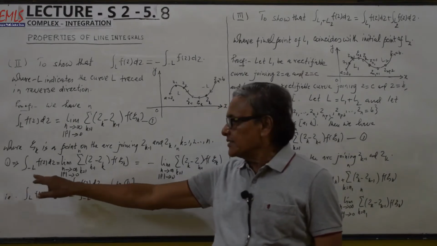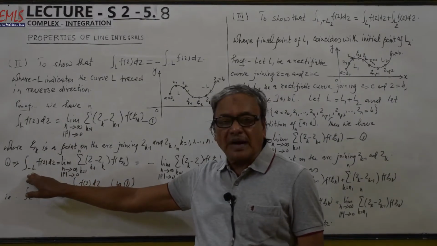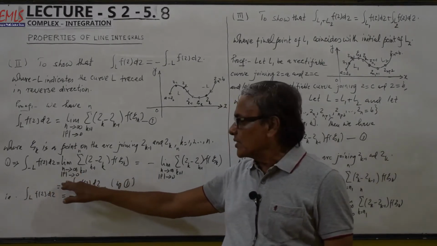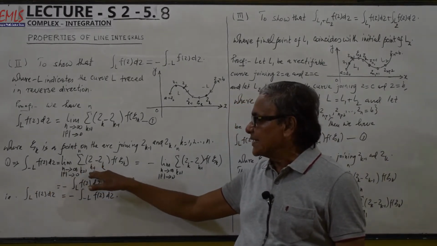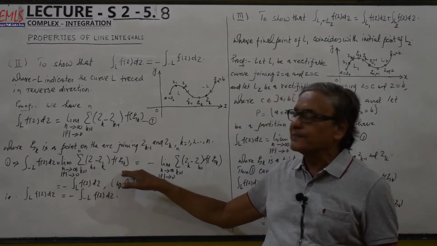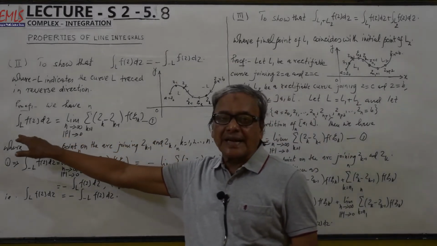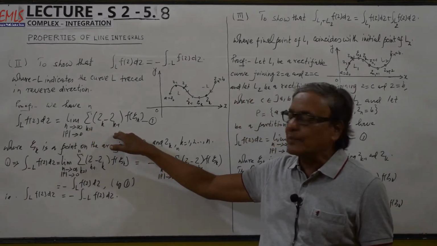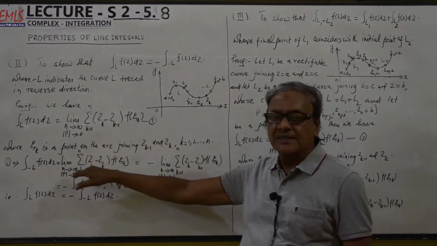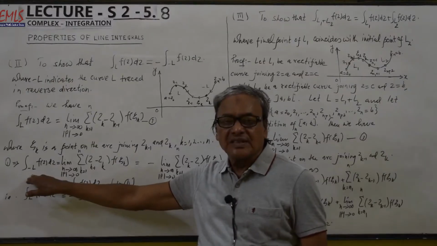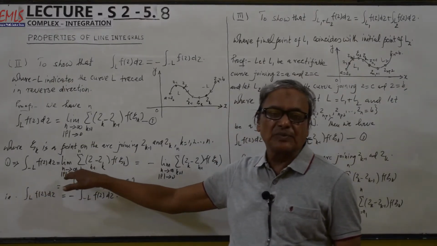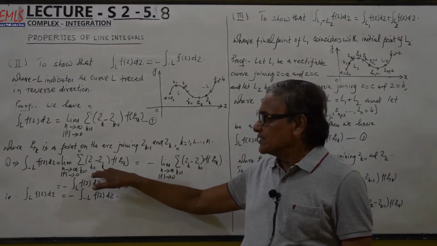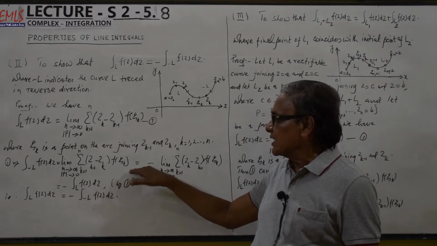1 implies integral over minus L f(z) dz, then it will be limit n tending to infinity, norm p tending to 0, sigma (zk-1 minus zk) f(xi k). If integral over L f(z) dz is sigma (zk minus zk-1) f(xi k), then we can write integral over minus L f(z) dz equal to limit, sigma (zk-1 minus zk) f(xi k) in reverse direction.